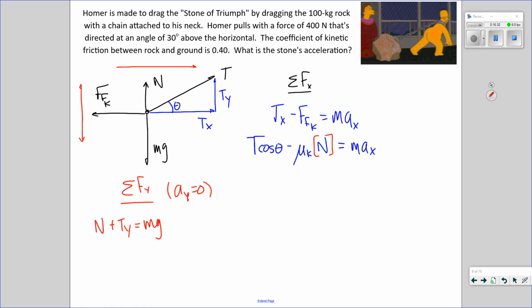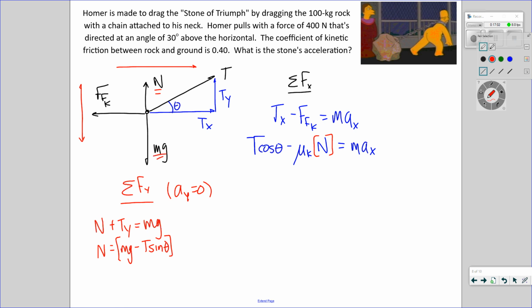So therefore, those are equal. The upwards equal the downwards. So the normal force here is mg minus Ty. And notice I drew my normal force a little small, significantly smaller than the mg force, because that's the real truth. This N is, well, whatever that number is.